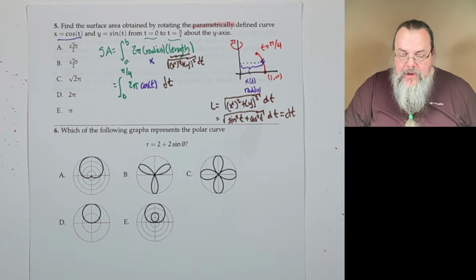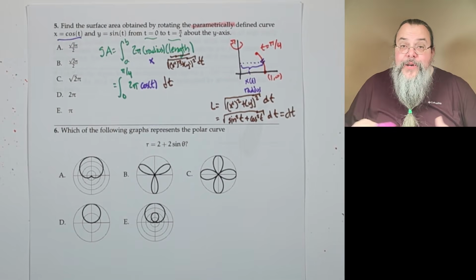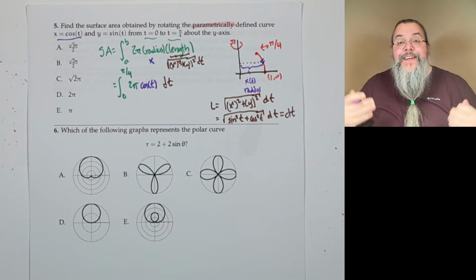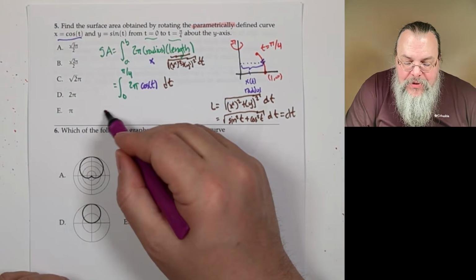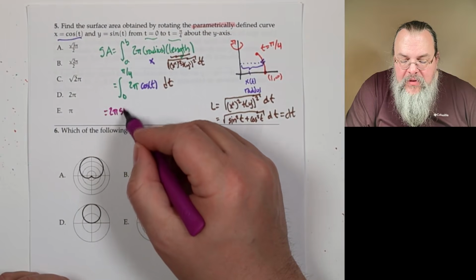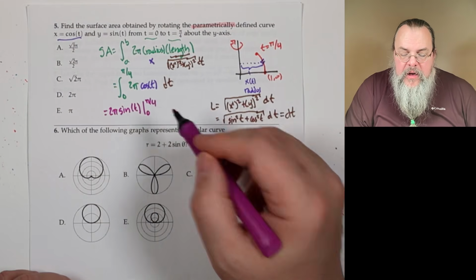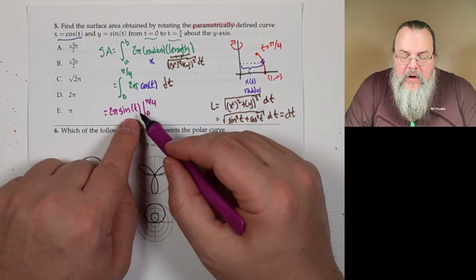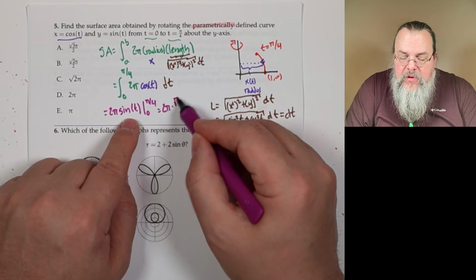All right, well, the end is near. We see where we have to go, but of course, we have to get there. What's the integral of cosine? It's positive sine. So we get 2 pi sine of t from 0 to pi over 4. If you plug in sine of pi over 4, that would be square root of 2 over 2.